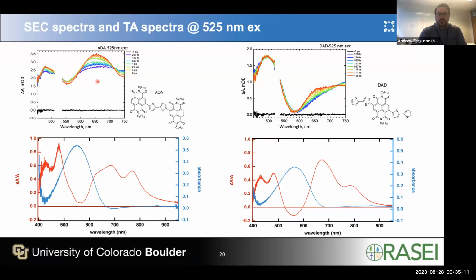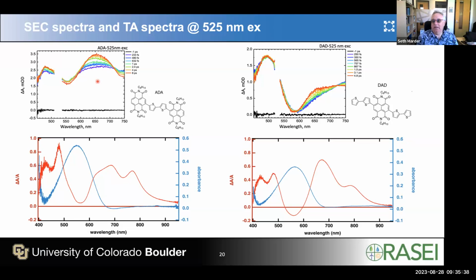I think in our discussions last week, we suggested that both the cation and the anion on these systems have absorbances that span throughout the visible. So knowing exactly what the excited state absorbance should look like in the photoexcited molecules is a little tenuous in my mind.